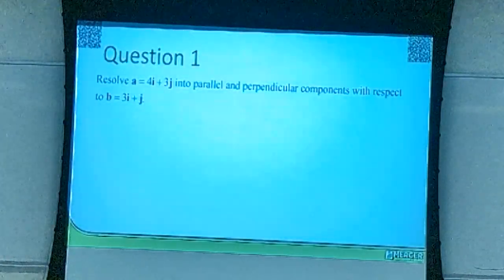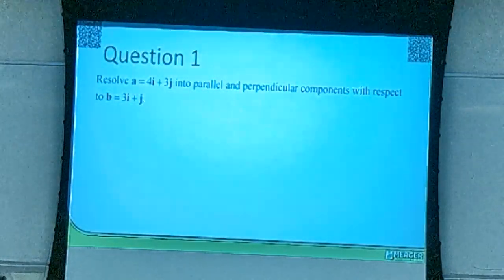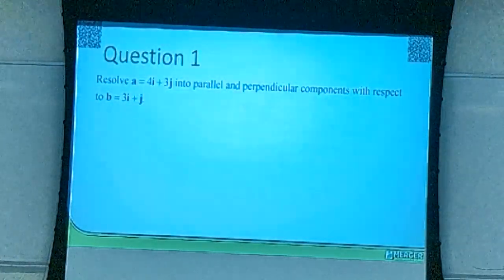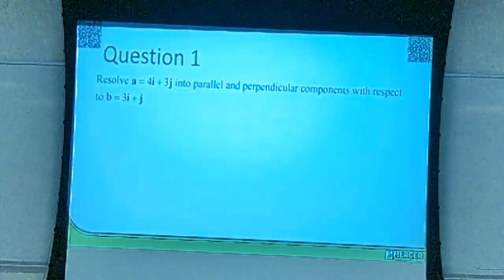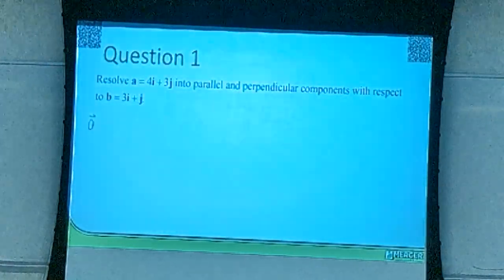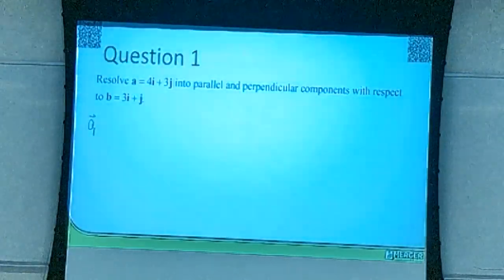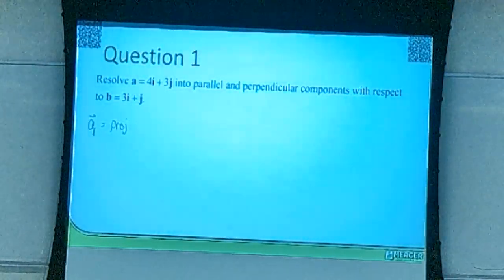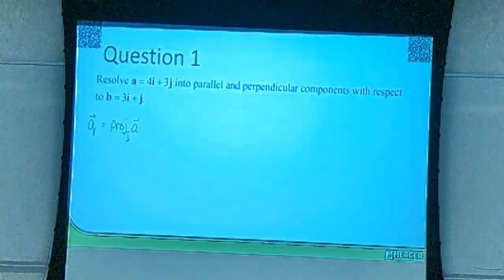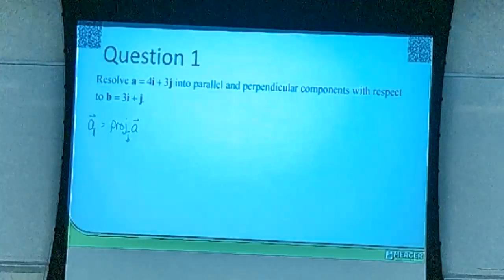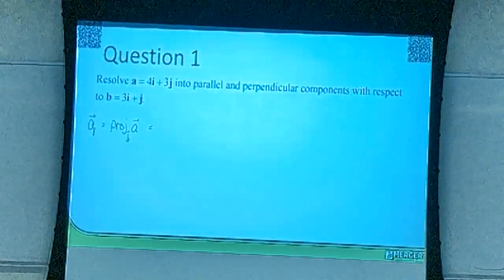Want to resolve this vector A into parallel and perpendicular components with respect to the vector B. The parallel component will be the projection of A onto B. And we have the formula for a projection.